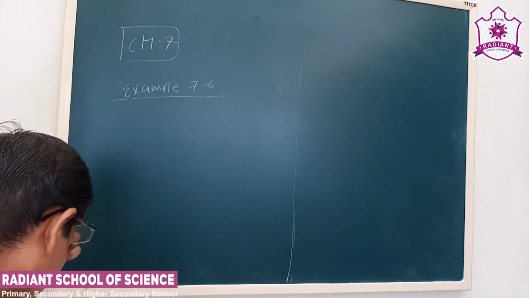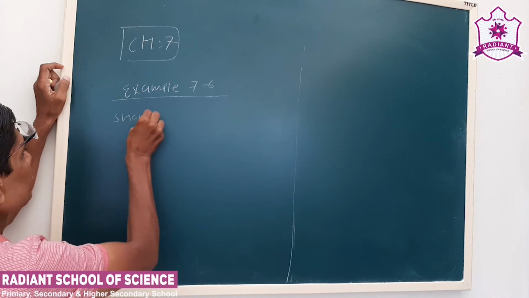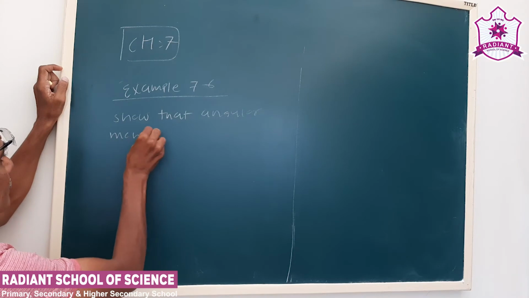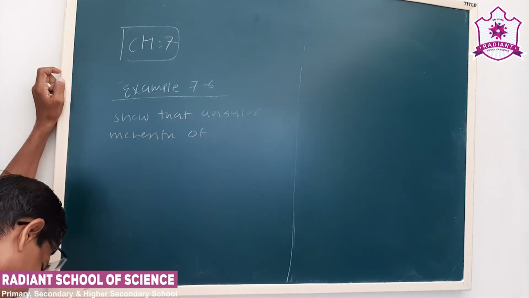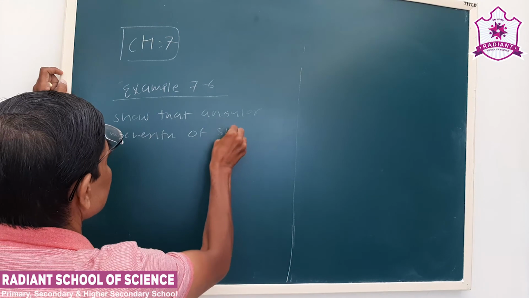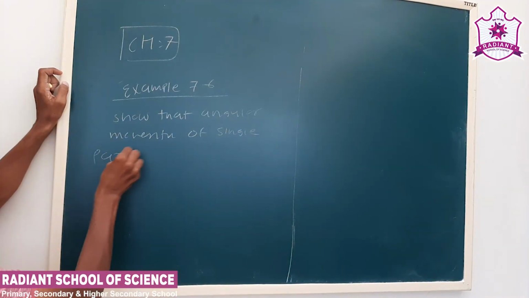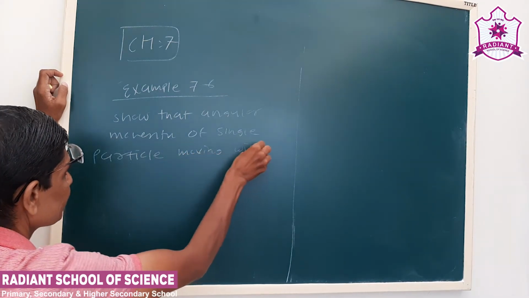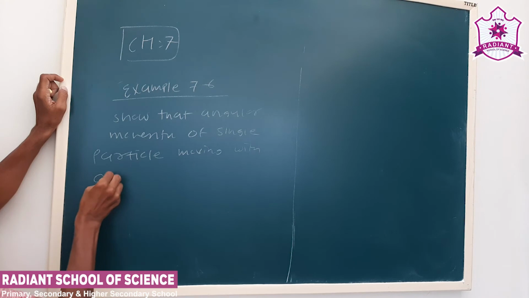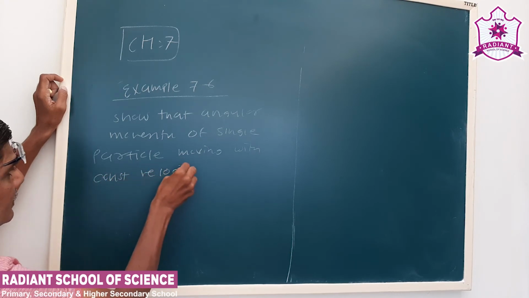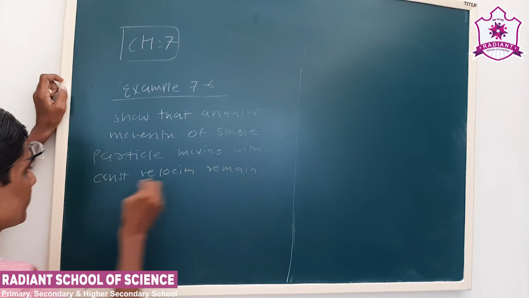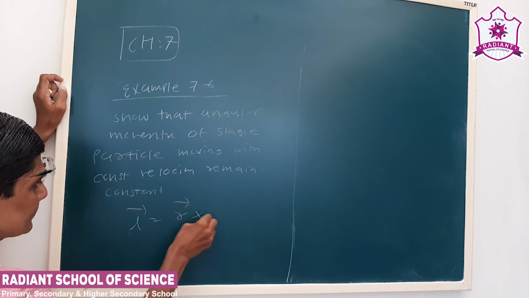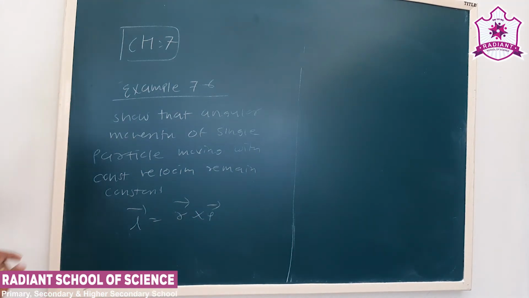Now show that the angular momentum of a single particle moving with constant velocity remains constant. Now see the angular momentum of a particle we have discussed, r cross p.